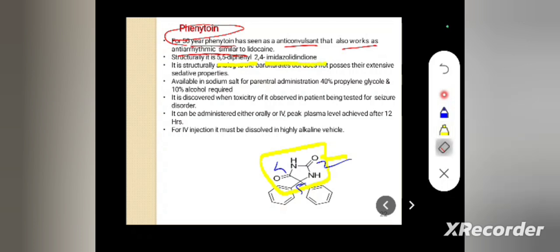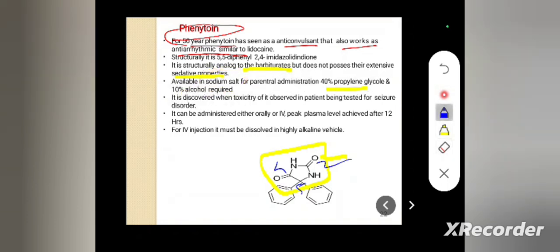Structurally, this is an analog of barbiturates but does not possess their extensive sedative properties. It is available as the sodium salt for parenteral administration, in 40% propylene glycol and 10% alcohol.